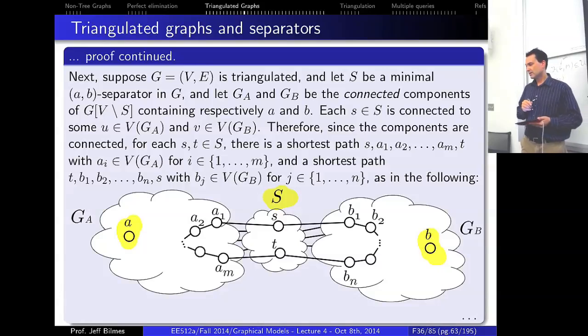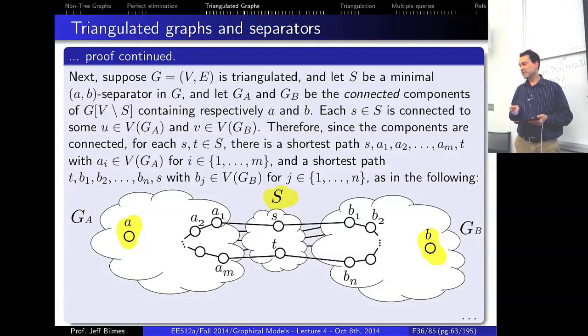Okay. So we have from that previous lemma that every element in S must be connected to somebody in GA, and every element in S must be connected to some element in GB. Why? Because it's a minimal separator.